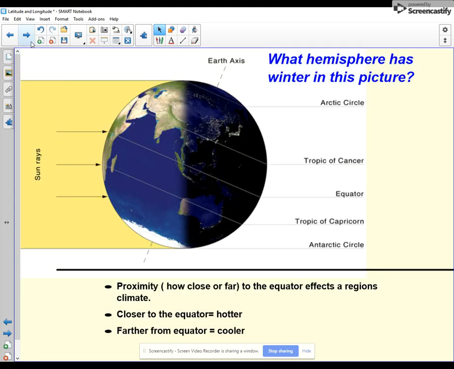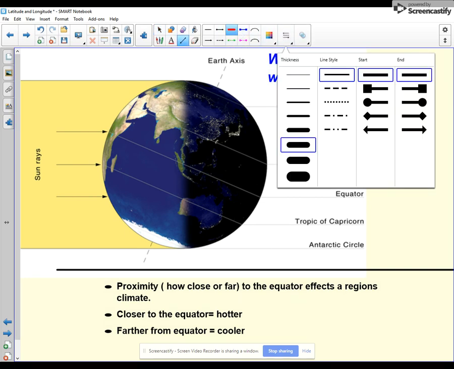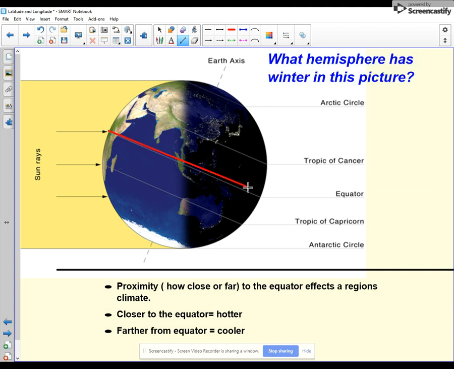And then we have how the sun hits, and that's why we have our climate. How hard the sun hits in some places. So the fattest part of our Earth, which is our equator, right here, is always going to be hit directly by that sun.